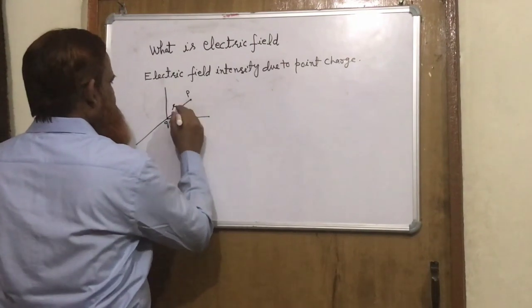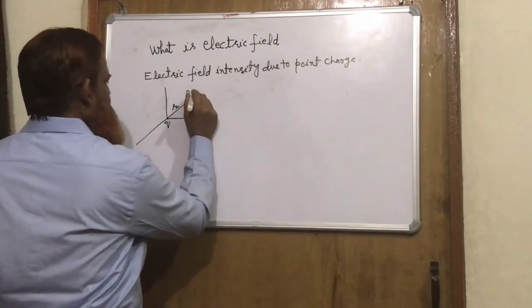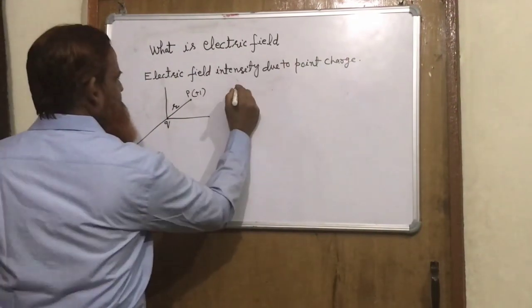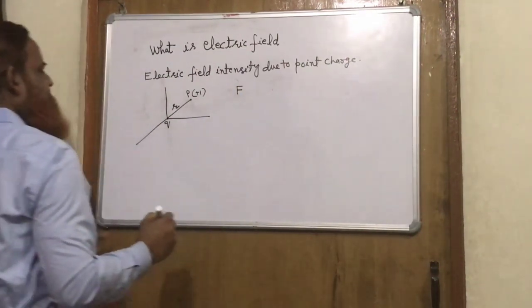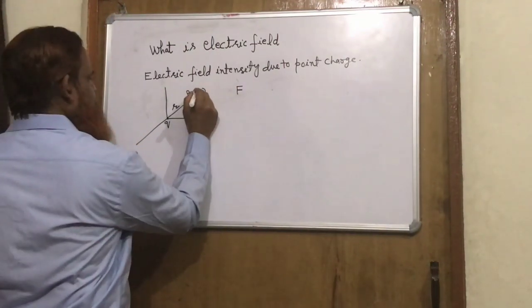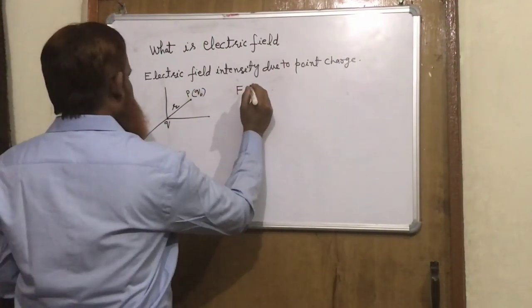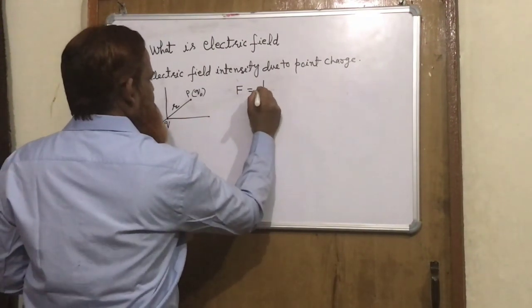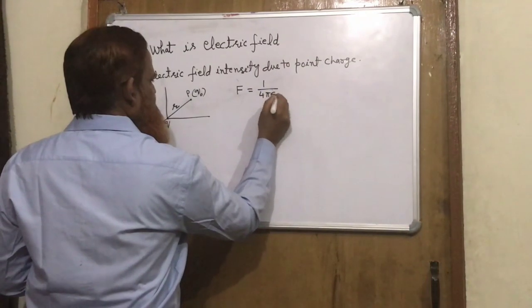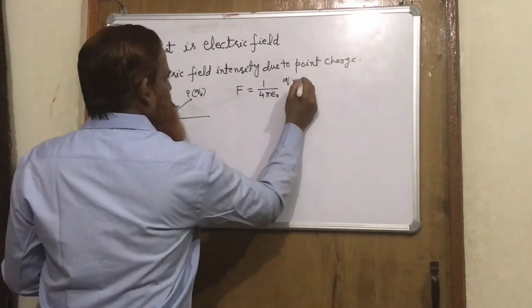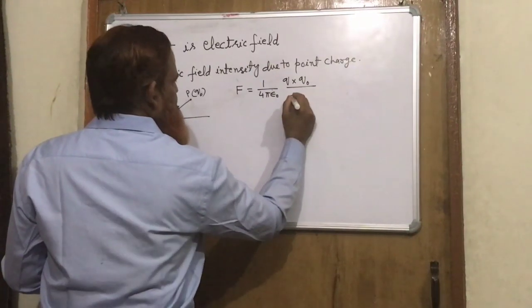Let me consider a positive charge q naught, then the force between q naught and q is 1 upon 4 pi epsilon naught times q into q naught by r square.